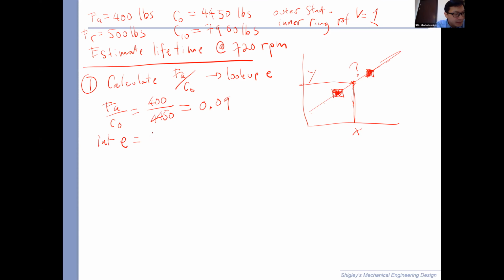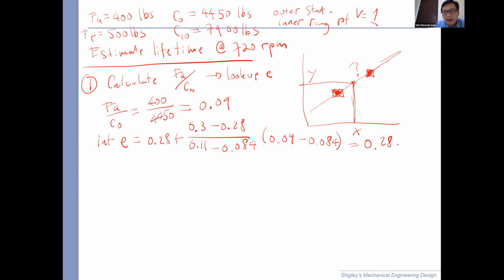E is 0.28 plus, if you don't remember this, review your algebra, times 0.09 minus 0.084, giving 0.285.